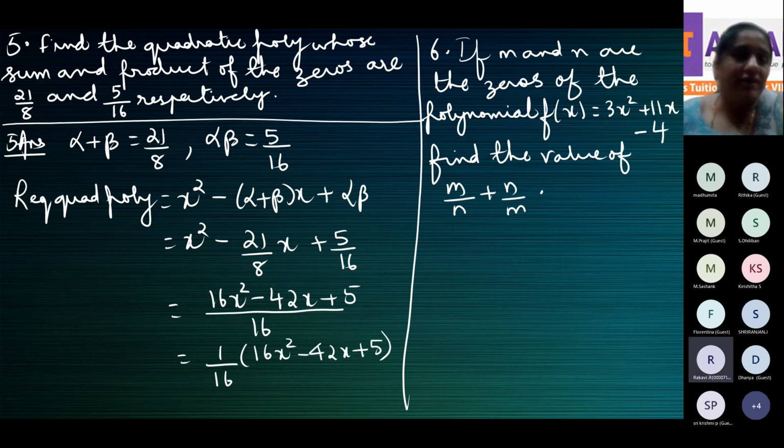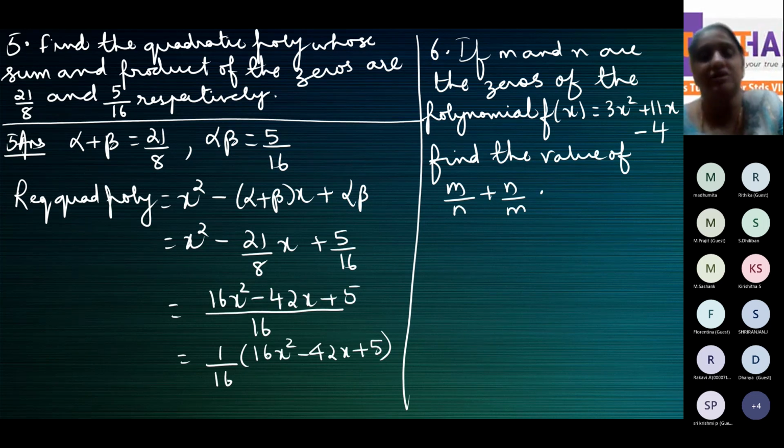So in question number 5, the sum of the zeros and the product of the zeros are given, not the zeros. Zeros are not given, sum and product. And you have to frame the quadratic polynomial. It's easy, you can understand that.